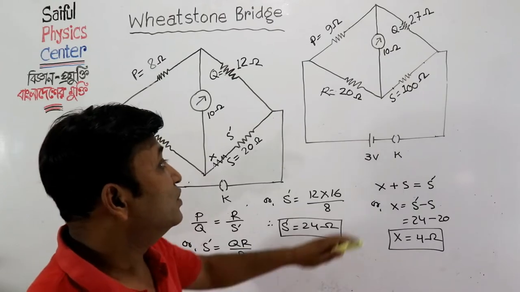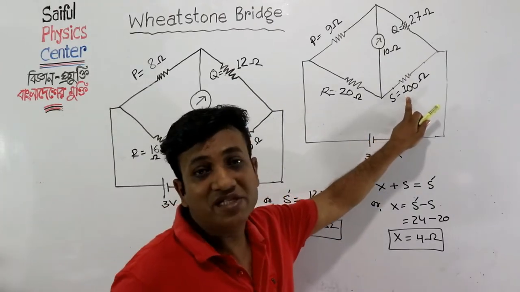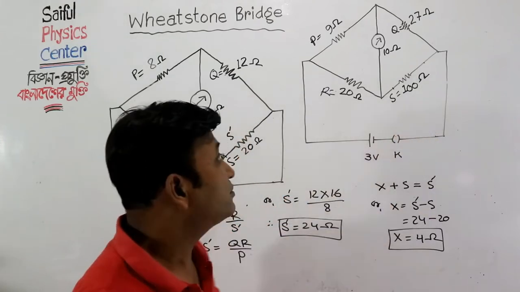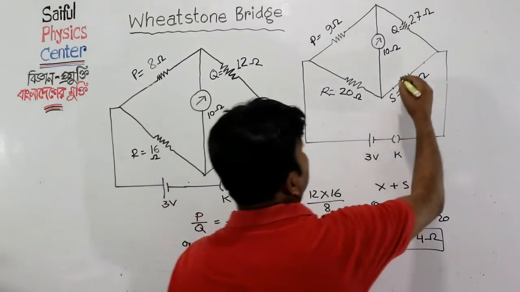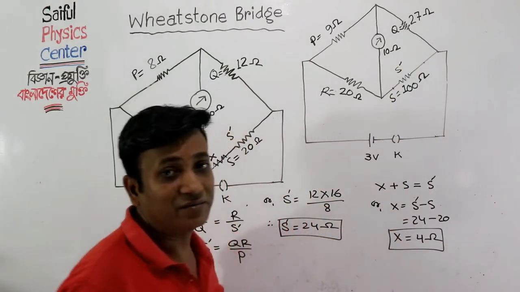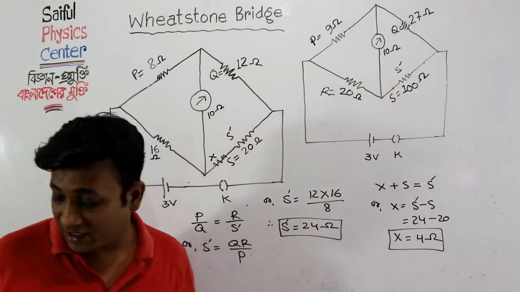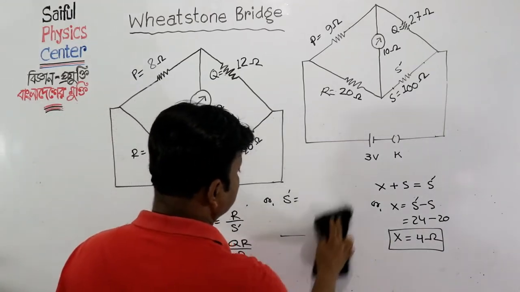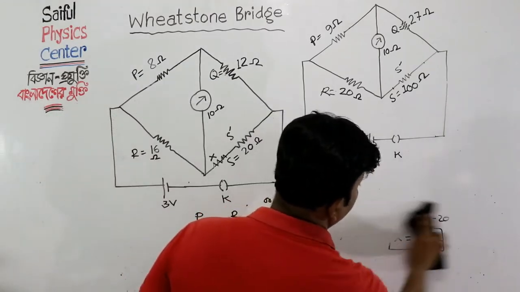Now again we can change the value of S here to make it balanced. Suppose in this case the required resistance is S prime. Again from this equation we can calculate S prime.